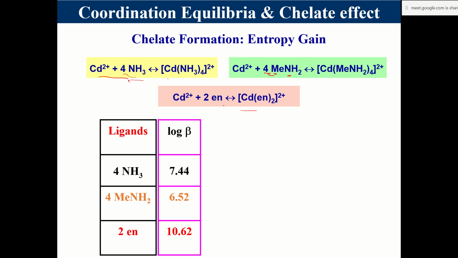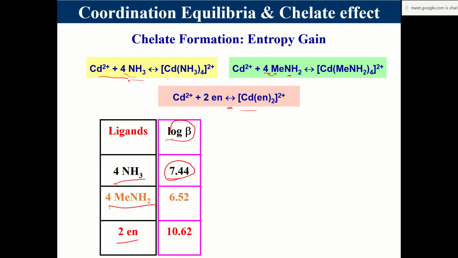And the third one is with respect to this. So what you see here, look at this chart: 4 NH3, 4 MeNH2, 2 ethylenediamine. The values are here with ammonia only, NH3 7.44. This is the overall formation constant.